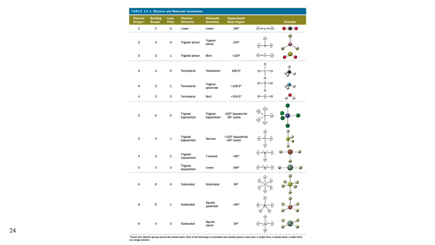So here's a table in your book, which is useful. Here's number of electron groups, number of bonding groups, and number of lone pairs. The electron geometry, the molecular geometry, approximate bond angles. Here's examples, Lewis structures, and the models.